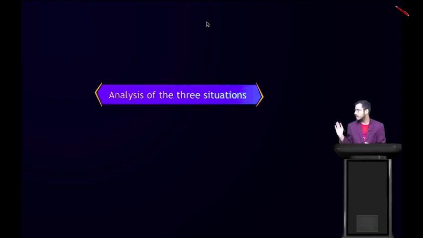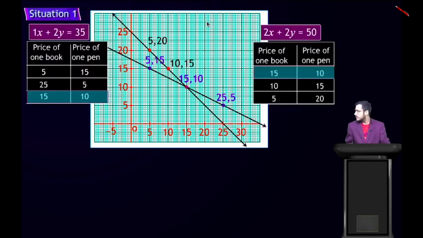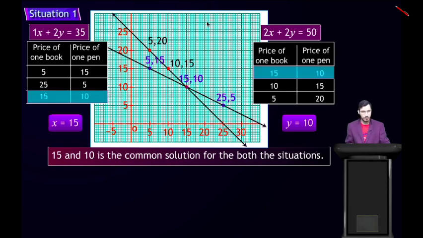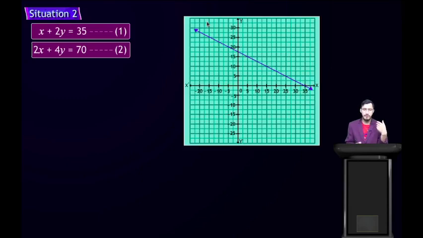Okay, so analysis of the three situations. Situation 1, you can see the unique solution, 15 and 10, is the common solution for both the situations, x is equal to 15 and y is equal to 10. In the second situation, x plus 2y is equal to 35 and 2x plus 4y is equal to 70.